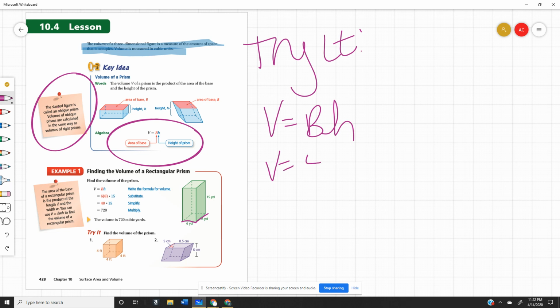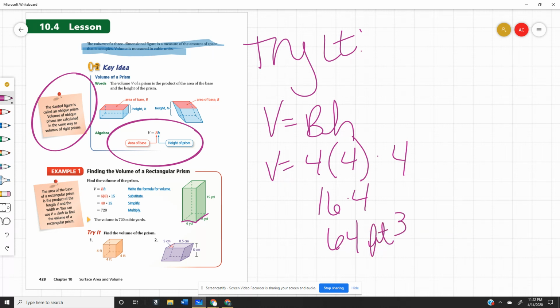Volume equals 4 times 4 for the area of my base times 4 for my height. So 16 times 4 is going to be 64 feet cubed. Basically, I just know that 4 to the third power is 64. So that was try-it 1.